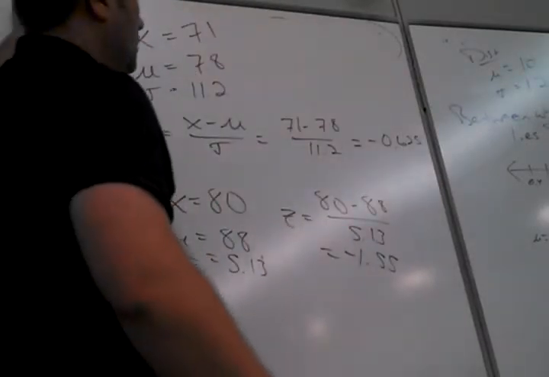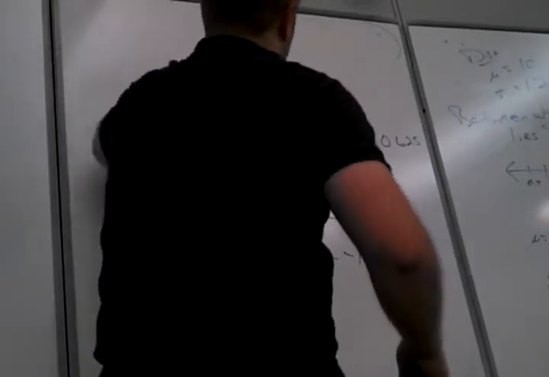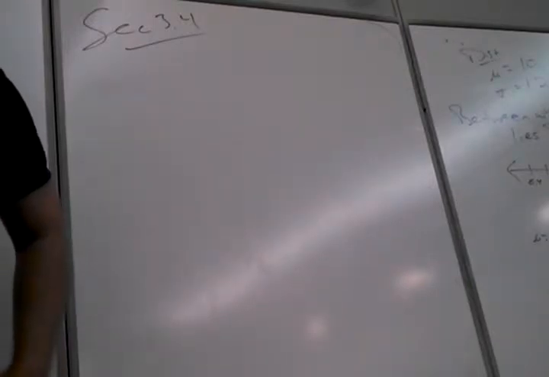All right, let's do section 3.4. To be completely honest, the z-score is in section 3.4, but it's not all 3.4. It's got some other stuff in there too.